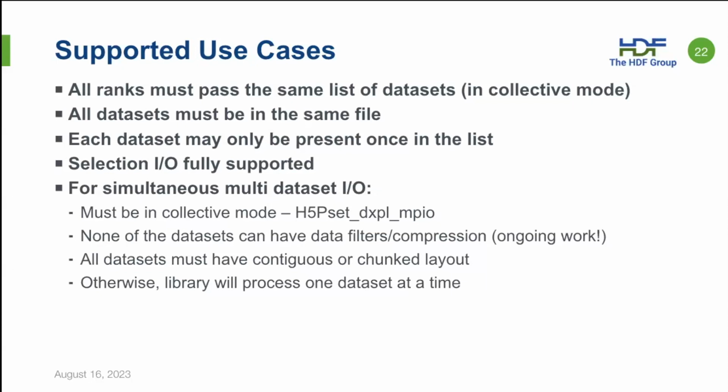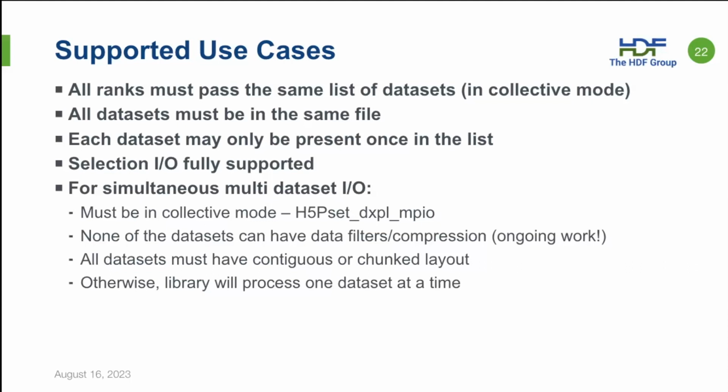You said if any of those are violated, it processes 1 data set at a time. Does it pass back any error that lets you know that it's doing that, or does it just fall back? The question was, is there any feedback if it falls back to non-multi-data set IO? In this case, I don't think there is one for multi-data sets specifically, unfortunately.